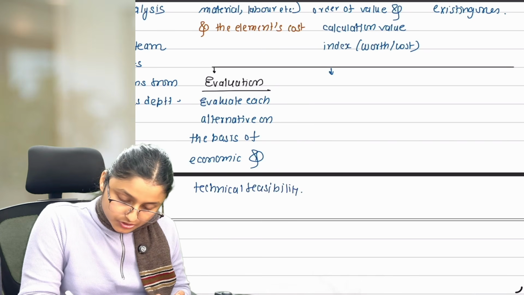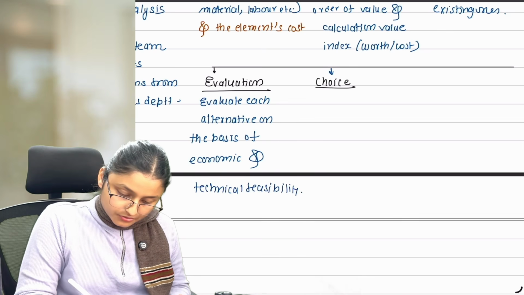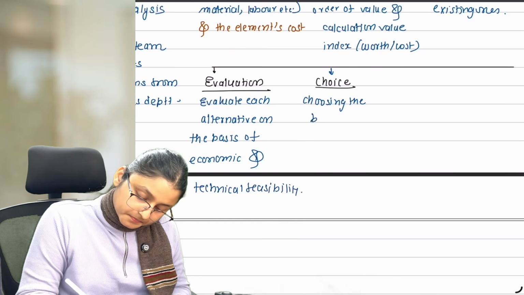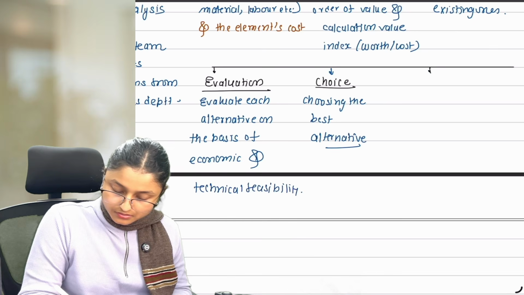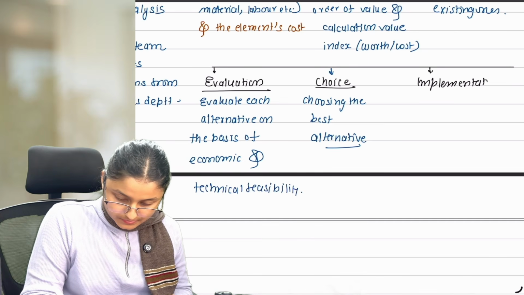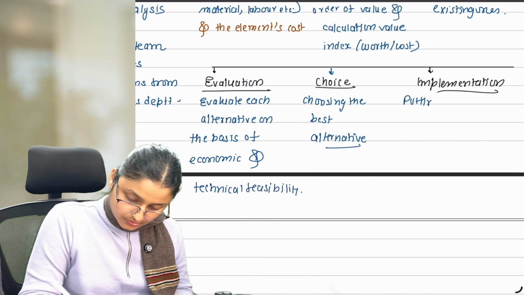Next, after evaluation, we'll choose the best alternative. Choosing the best alternative. And at last, we'll implement. Implementation. It is about putting it into actual use.